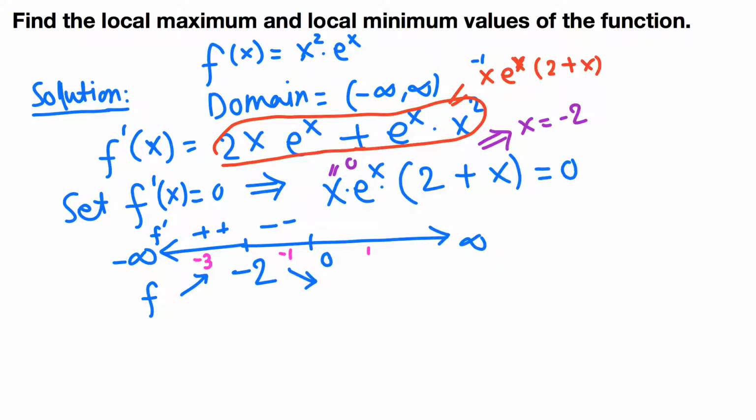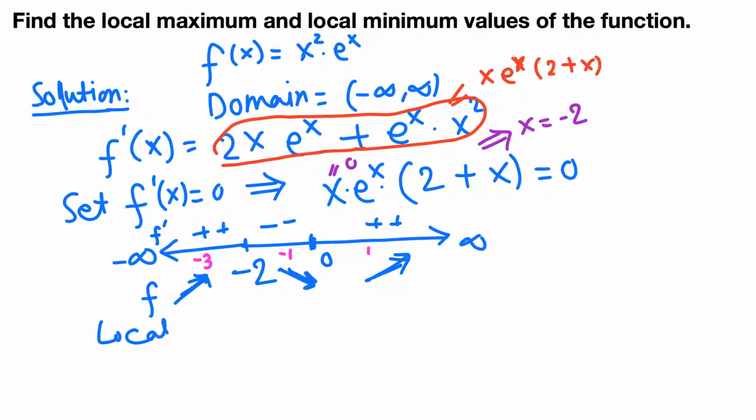And at positive 1, this is positive, 2 plus 1 is also positive, so everything is positive. So the function is increasing. At negative 2, on the left the function is increasing, then decreasing, so there is a local max here. Decreasing and then increasing means a local minimum here.